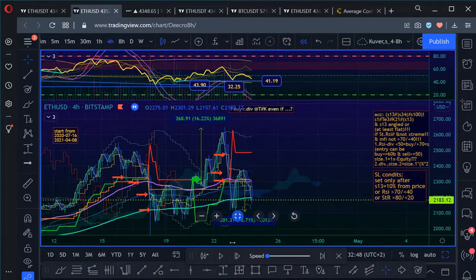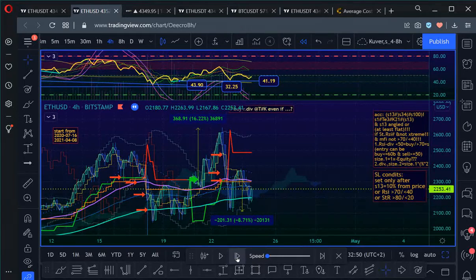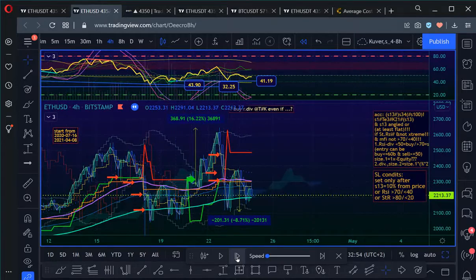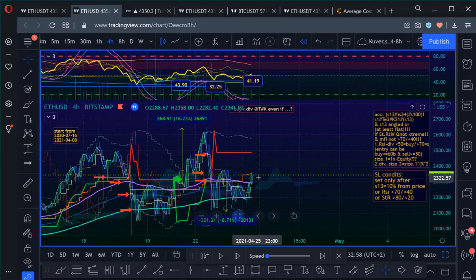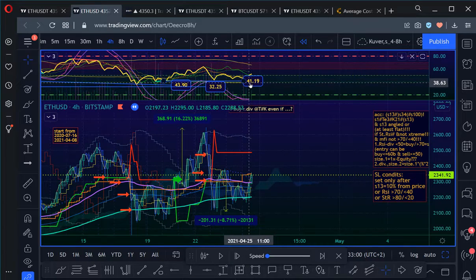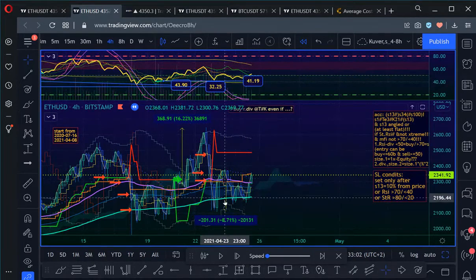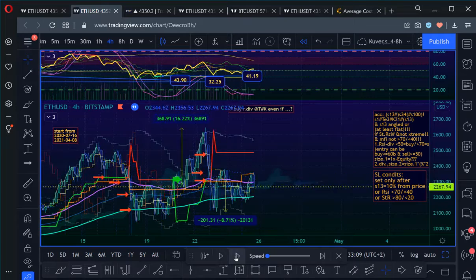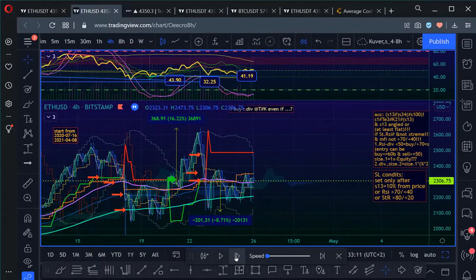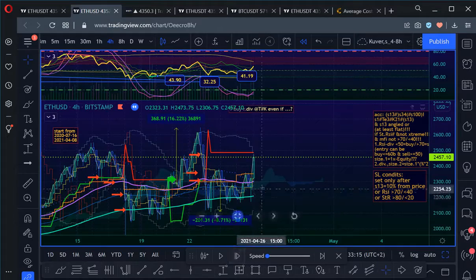No divergence. It's a bit not really visible here, but there is no divergence underneath there. Still no divergence and no break.